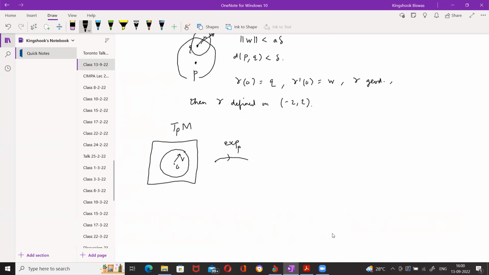Basically, I look at the point p and the tangent vector v, and then I take the unique geodesic with initial conditions p, v, and exp sub P of v is equal to gamma of 1. Okay.